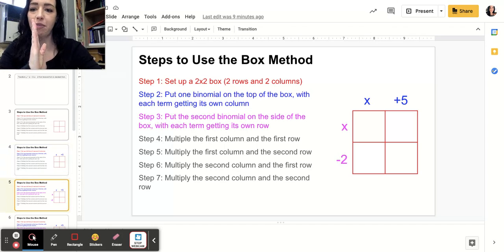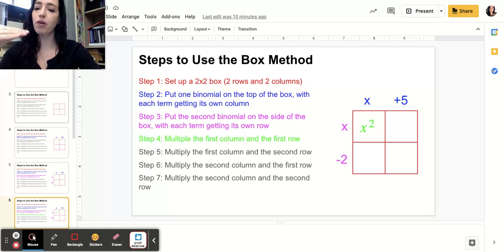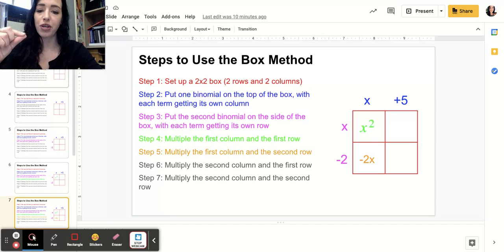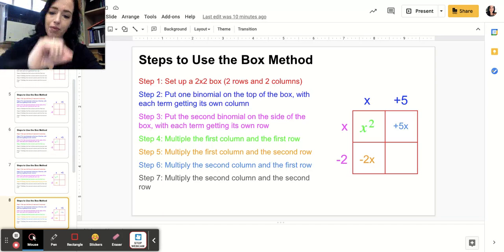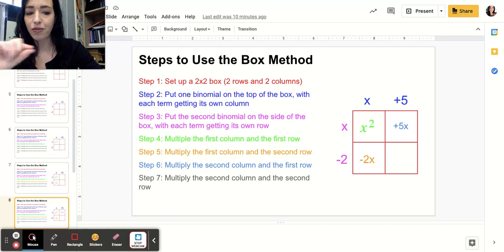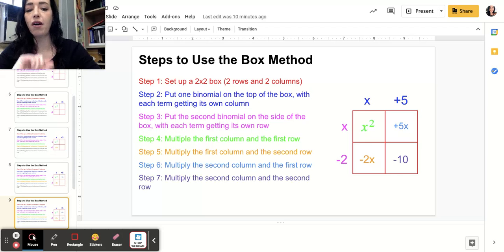Step 3, second binomial on the side. Each term gets its own row. And then we go through and we multiply. So we do first column and first row. Then we do first column, second row. Then we jump up, second column, first row. And then go to the very last one, second column and second row.